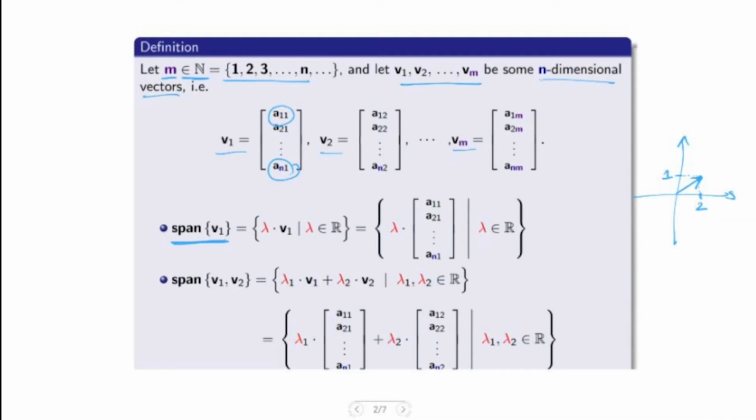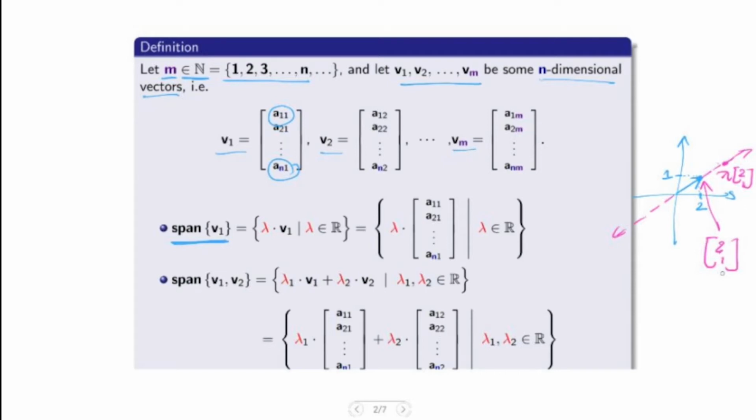Now, any other vector on this particular line, let's draw the line with a different color, which is lambda times the vector 2, 1, sorry, not 1, 2, is in the span of the vector 2, 1.